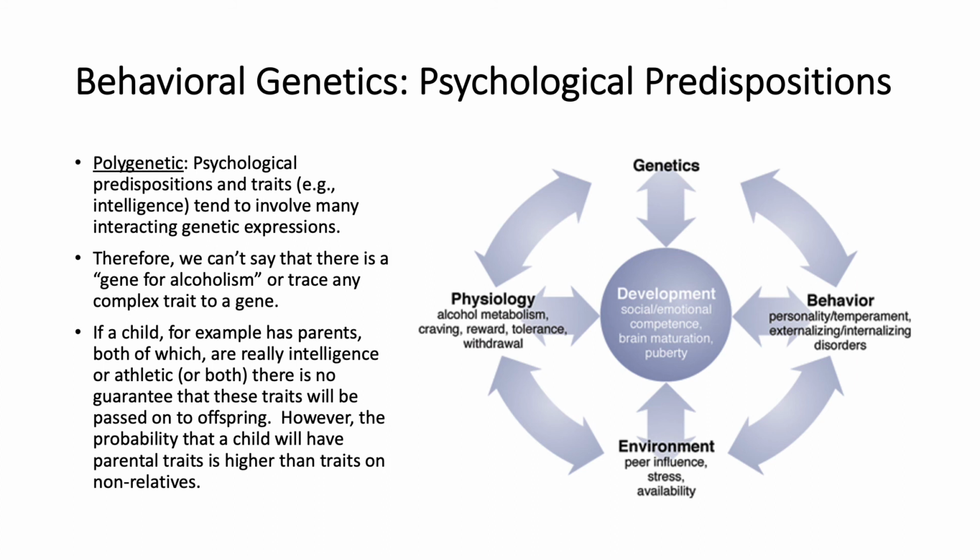They're polygenetic and, of course, heavily influenced by environment. But they tend to involve many interacting genetic expressions. And so that's why early exposure to certain conditions can have a pretty dramatic effect on the manifestation of psychological predispositions, like kind of a little bit like what we were talking about before.